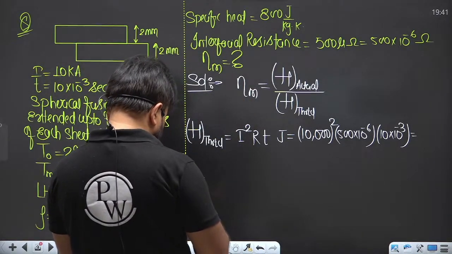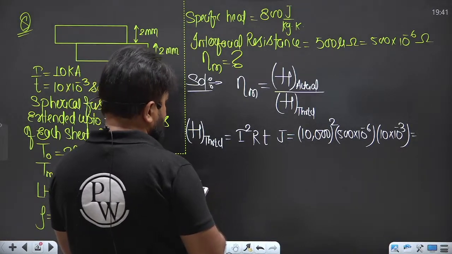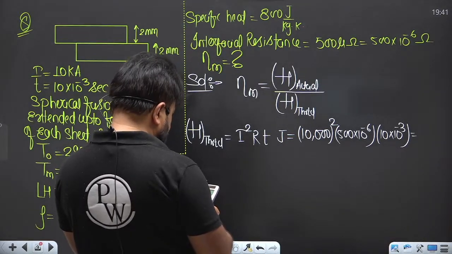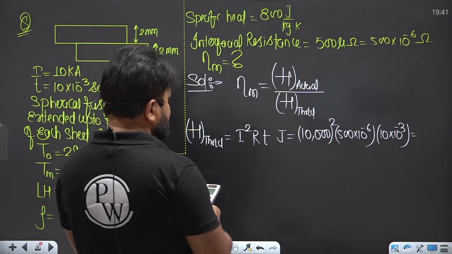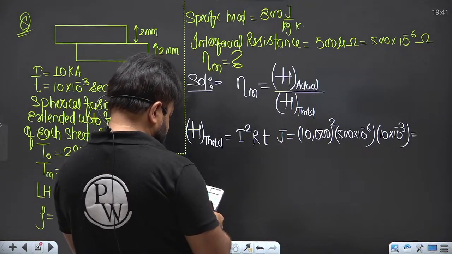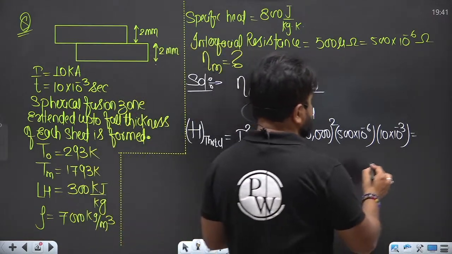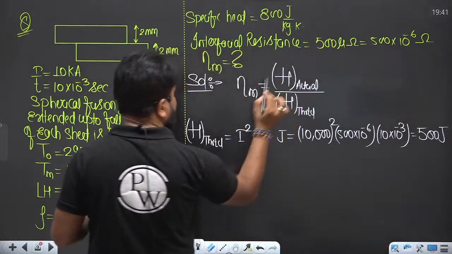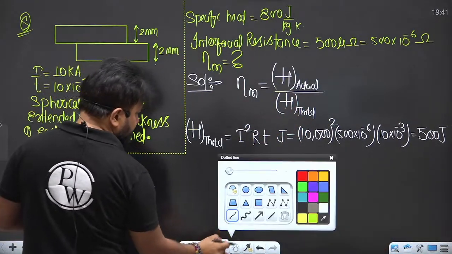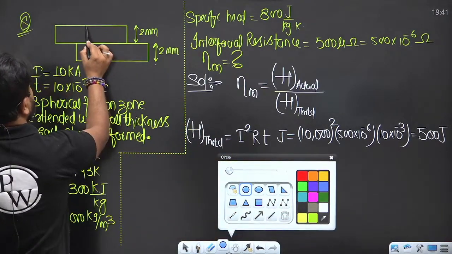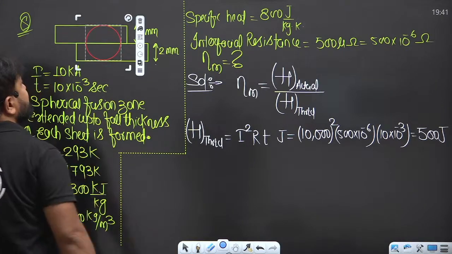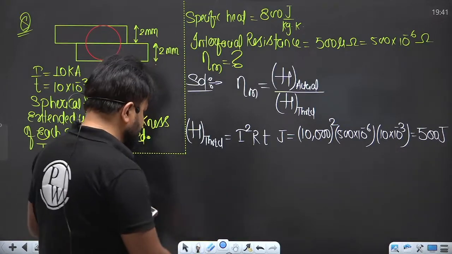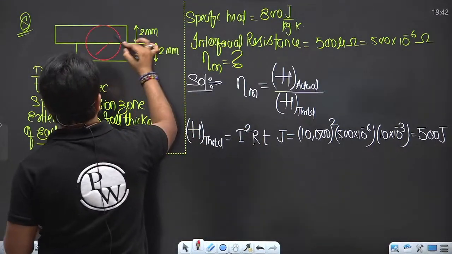Here, 10 to the power 4 squared into 500 into 10 to the power minus 6 times 0.1. Now, my dear, here the fusion zone, you have noticed that it is spherical.